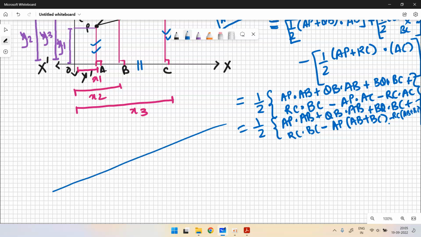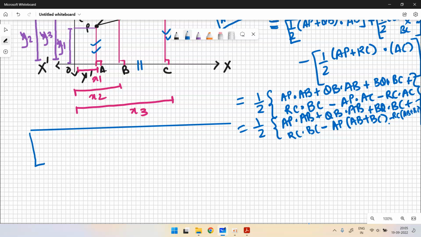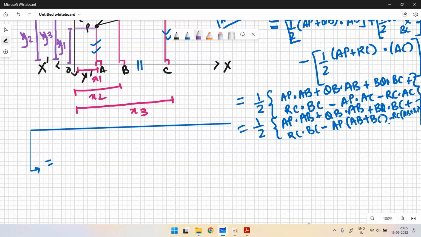Now if you simplify this, AP into AB gets cancelled, and minus AP into BC will be left, and RC into BC gets cancelled. So what you are left with, this is only half.